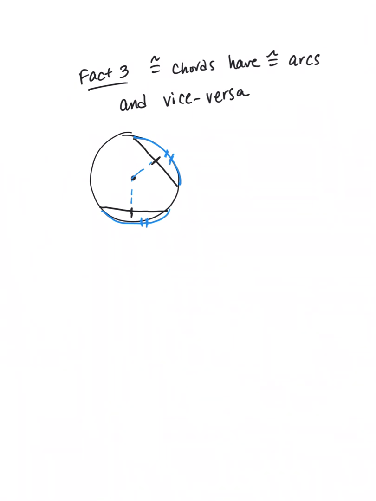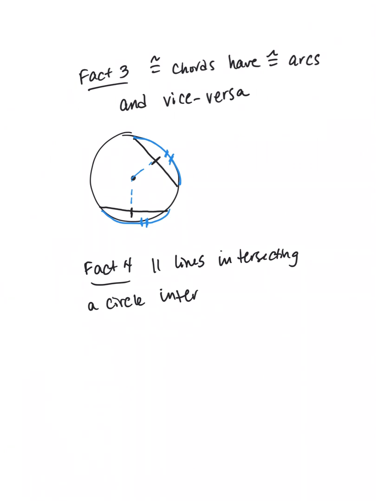Fact 4. Parallel lines intersecting a circle intercept congruent arcs.